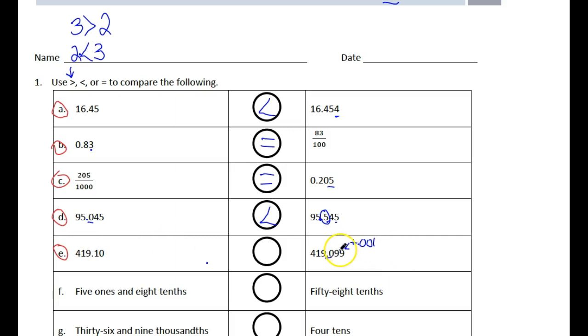If this one had 1 thousandth more, it would be the exact same thing as that. Isn't that amazing? So that means that this one is a tiny bit bigger than the other one. We have to note that by saying that 419 and 10 hundredths is in fact bigger than 419 and 99 thousandths.